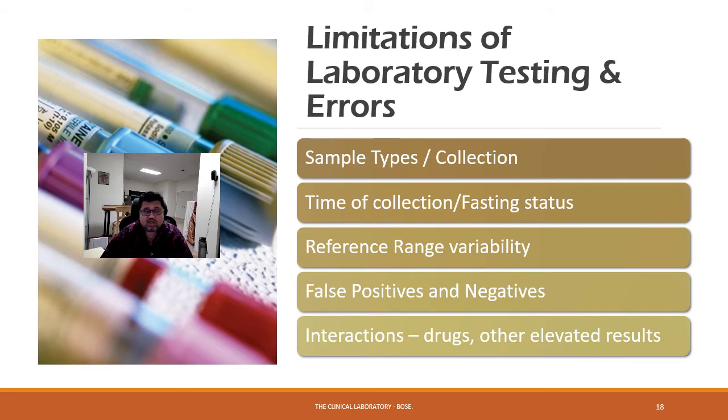So there are these factors that will affect lab results. Some of these factors are included here in the slide, but more details such as age and race and others are included in the SWAY.